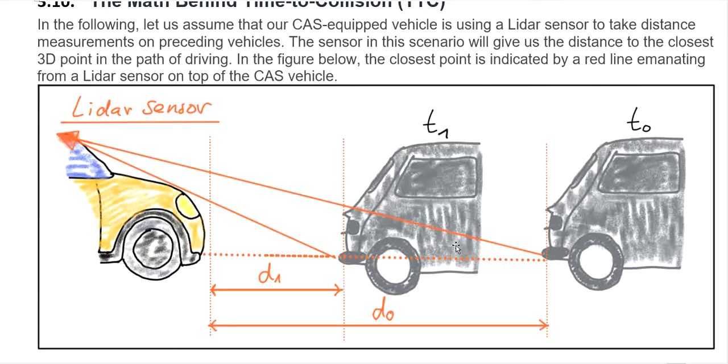The sensor in these scenarios will give us the distance to the closest point right here or here, as 3D points in the path of driving. The closest point is indicated by the red light emanating from the LiDAR sensor on the top vehicle, and when it scans, it gets the closest point right here on the bumper of the car.